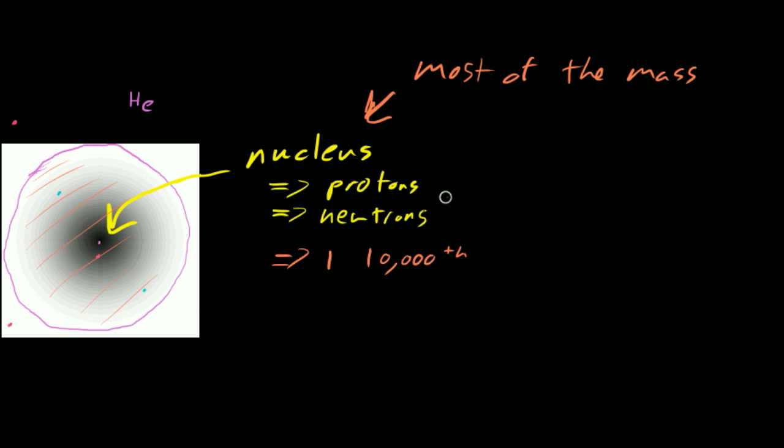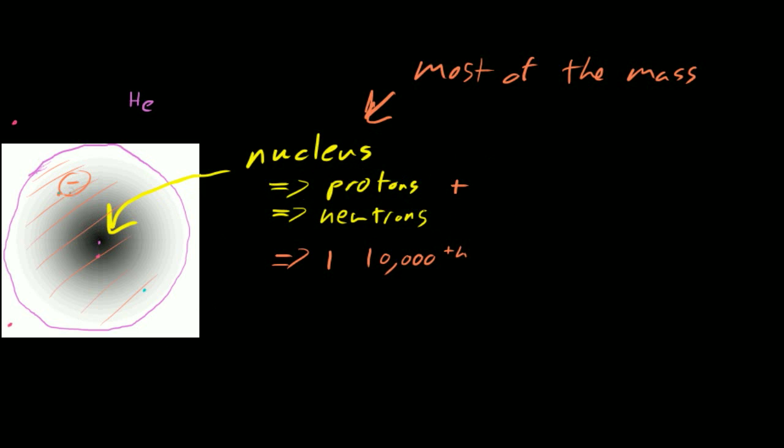And I guess one last thing to point out: we said in the last video that protons have a positive charge, and these electrons floating around all have a negative charge.